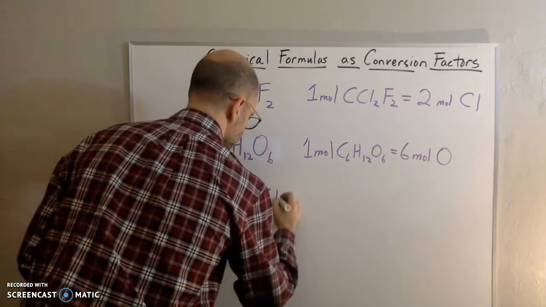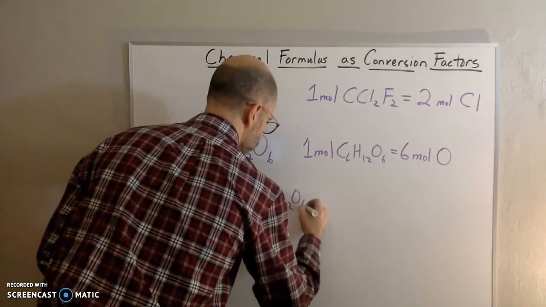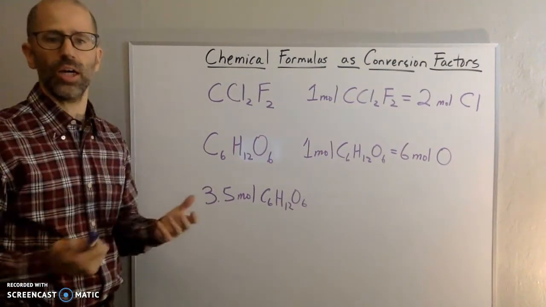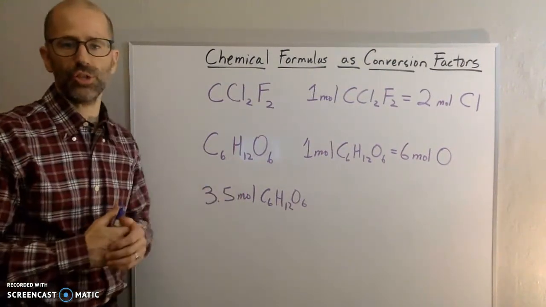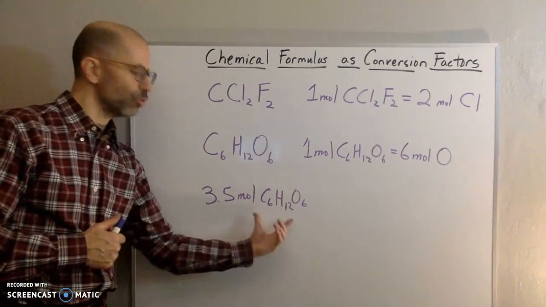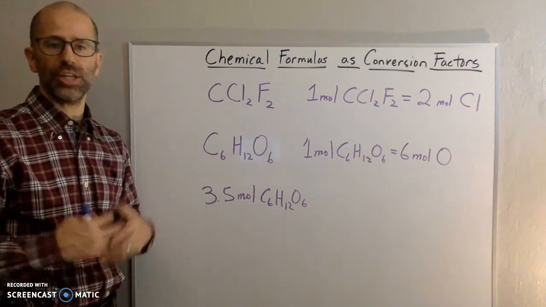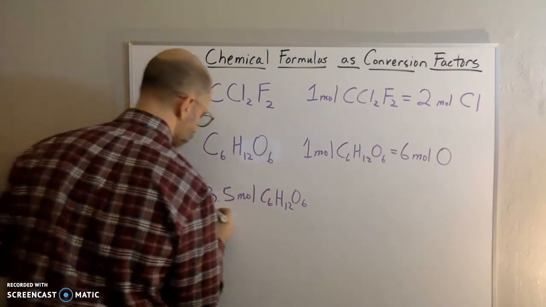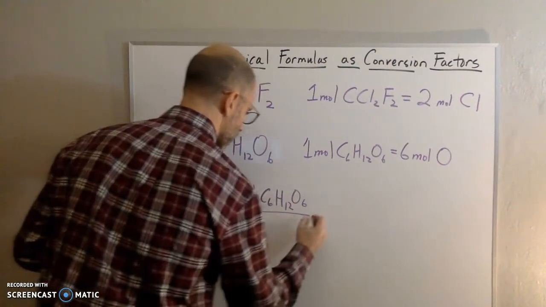C6H12O6. And they want me to convert, well, how many moles of oxygen do I have? If I have 3.5 moles of glucose, how many moles of oxygen atoms do I have, right? So I would put this over 1.